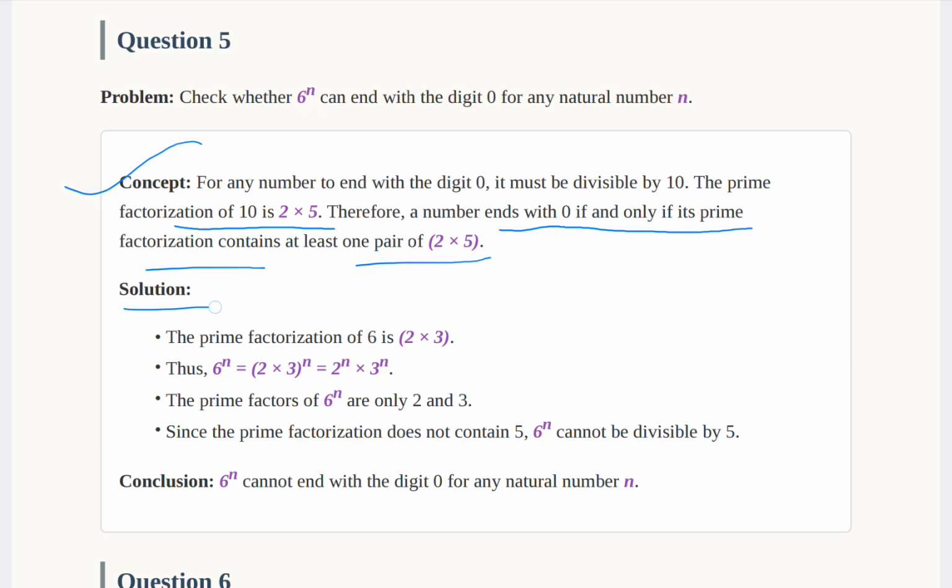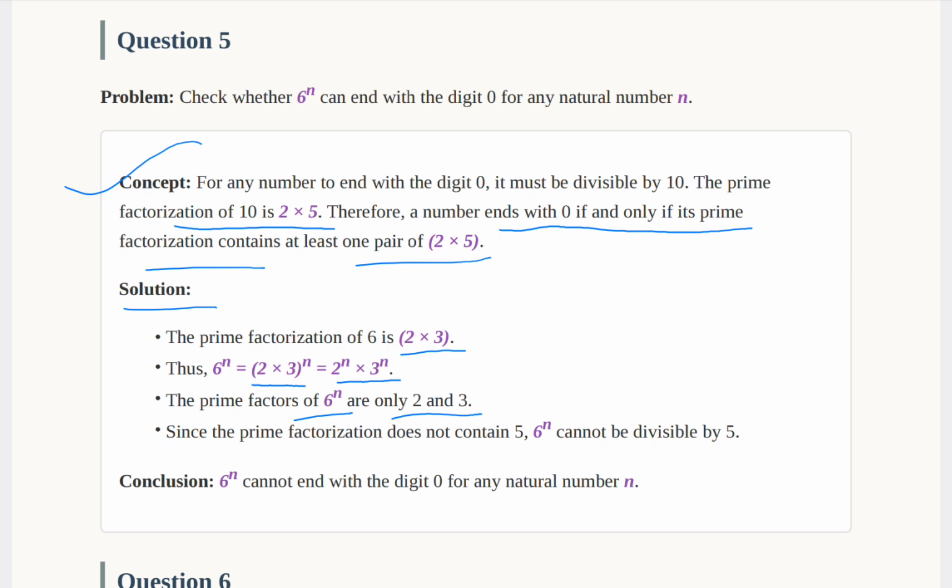Now solution, see here, the prime factorization of 6 is 2 into 3. Thus 6 raised to the power n will be equal to (2 into 3) whole raised to the power n. It will be equal to 2 raised to the power n into 3 raised to the power n. Then the prime factors of 6 raised to the power n are only 2 and 3.